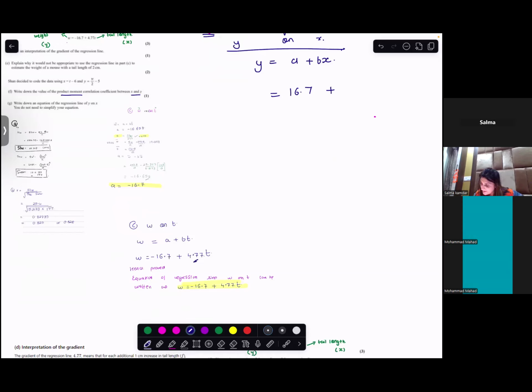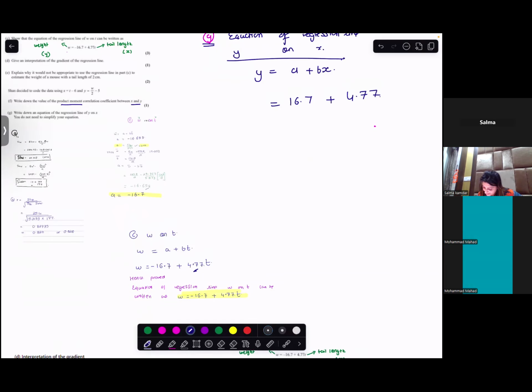So that means I know the equation of my regression line already for W on T. But I want to find the equation for Y on X. The A would remain the same, the B would remain the same. What is going to change is I am coding the W into something as Y and I'm coding the X into something as T.